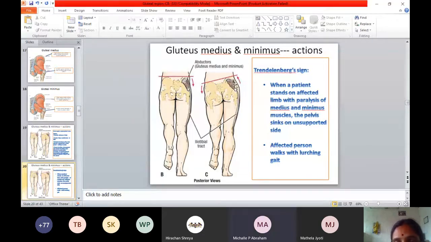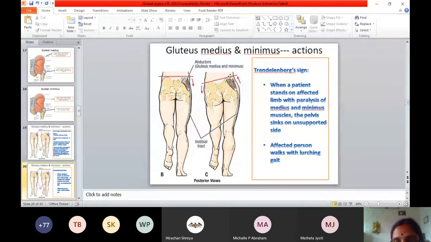So what happens when the person stands on the paralyzed side of the gluteus medius and minimus? What happens when a patient stands on the affected limb with paralysis of medius and minimus? The pelvis of the unsupported side sinks downward. It will fall under the influence of gravity. In the normal condition, it maintains the horizontal level and prevents the falling of the pelvis of the unsupported side. Thus, it maintains the movement of locomotion.